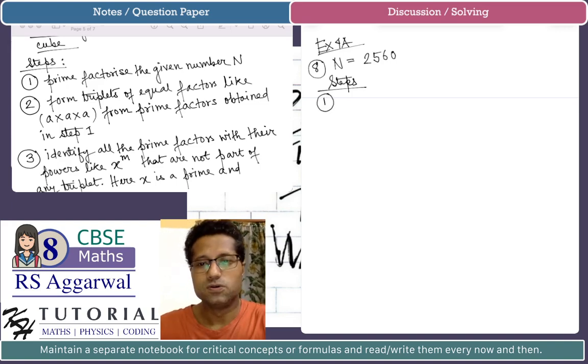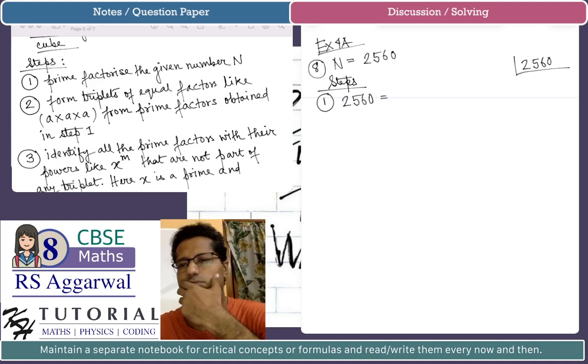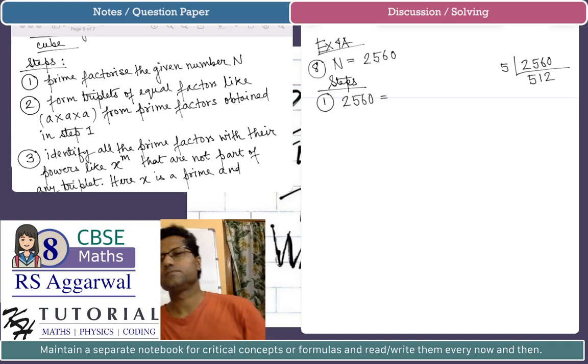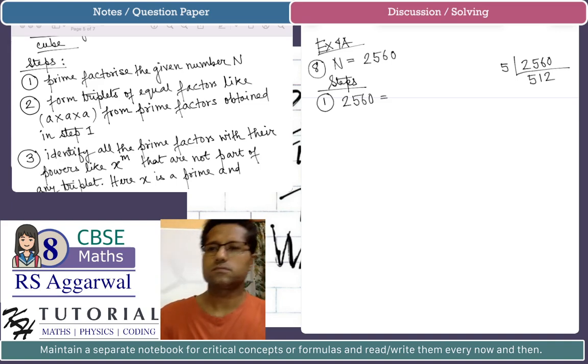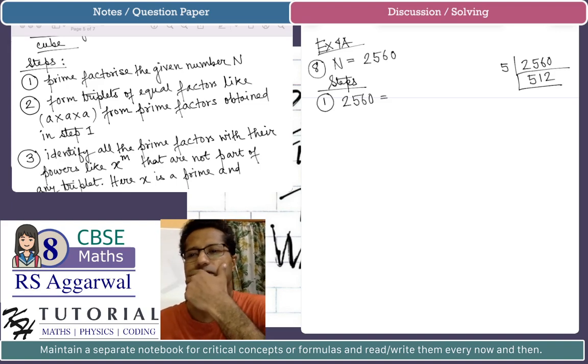So we first have to do the prime factorization of the given number 2560. Let's divide it by 5. So 512. 512, I think it's 8 cube.